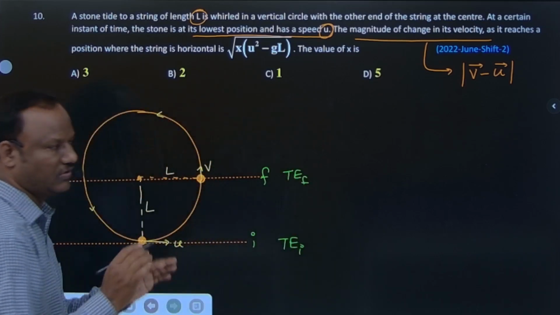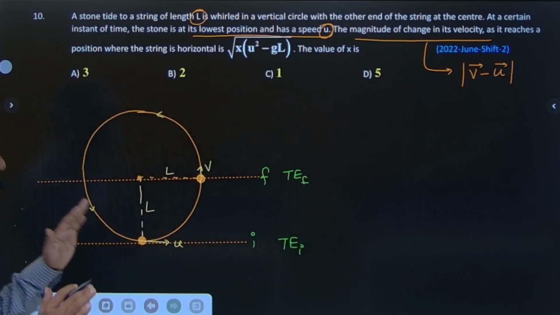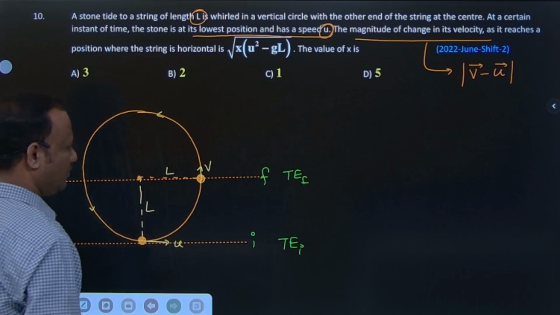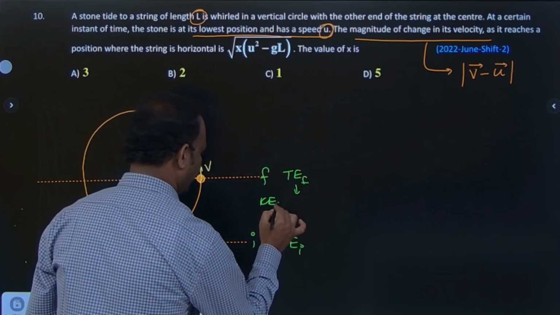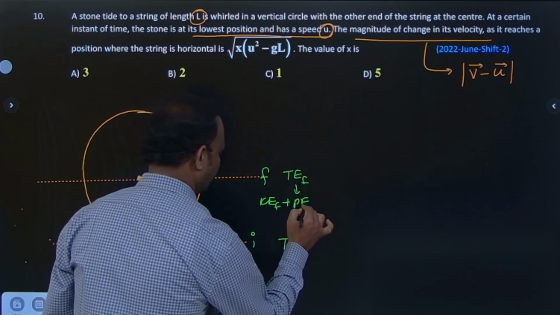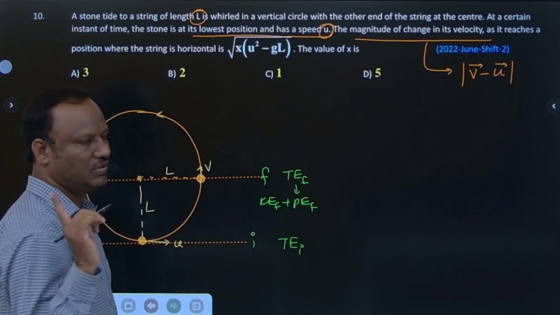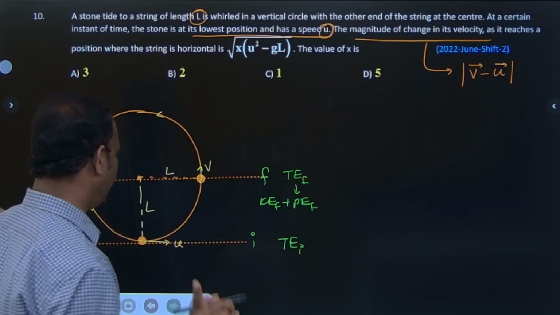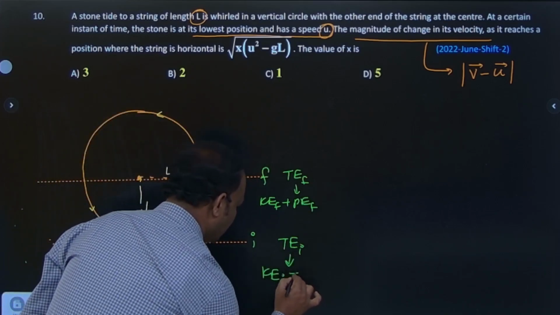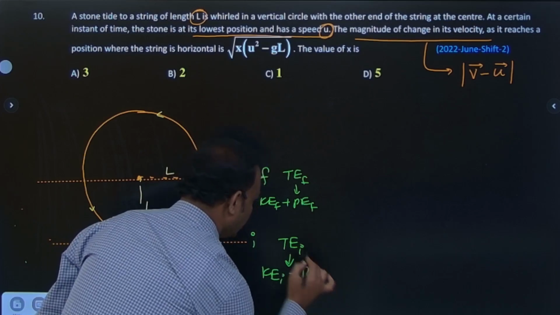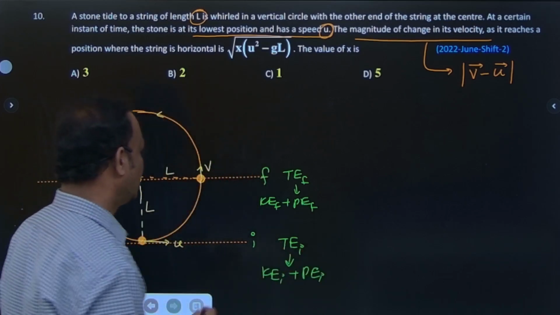Total energy final is kinetic energy final plus potential energy final. Is there a spring? No, so there is no potential energy due to a spring.